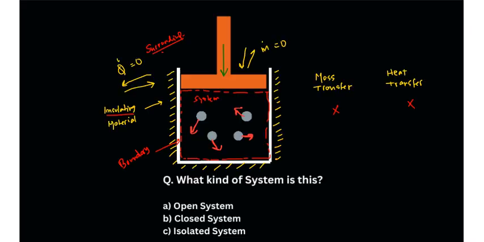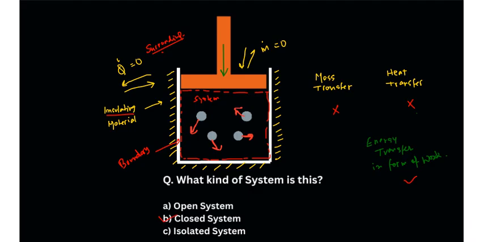So heat transfer is not possible, but energy transfer in the form of work is getting transferred. So what kind of system is this? This is an example of a closed system.